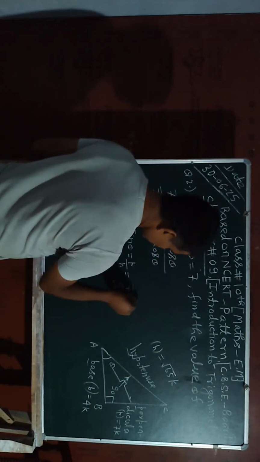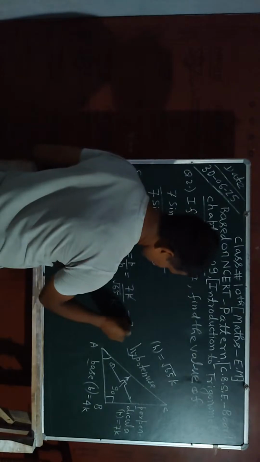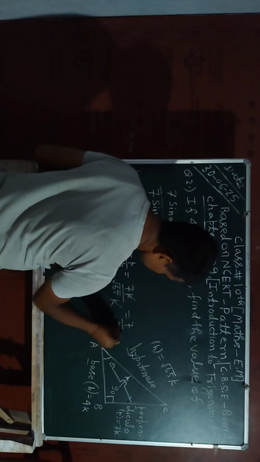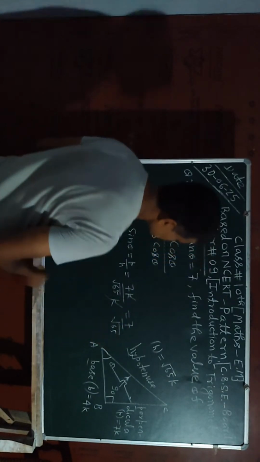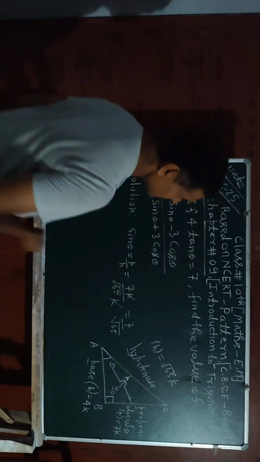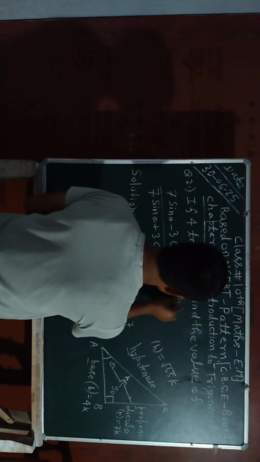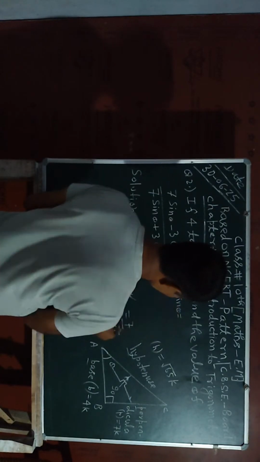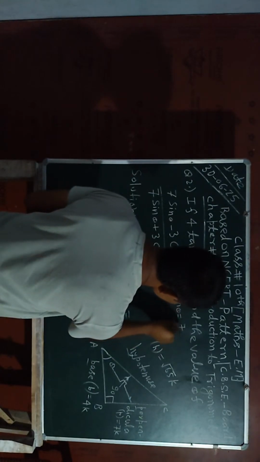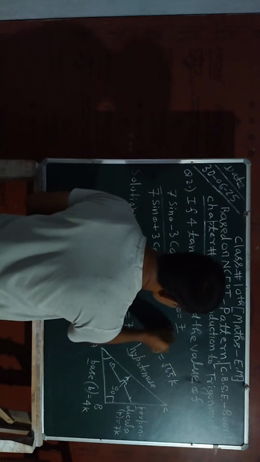So k and k will cancel out. So here I will put 7 divided by root 65. So the value of sin theta is 7 divided by root 65.